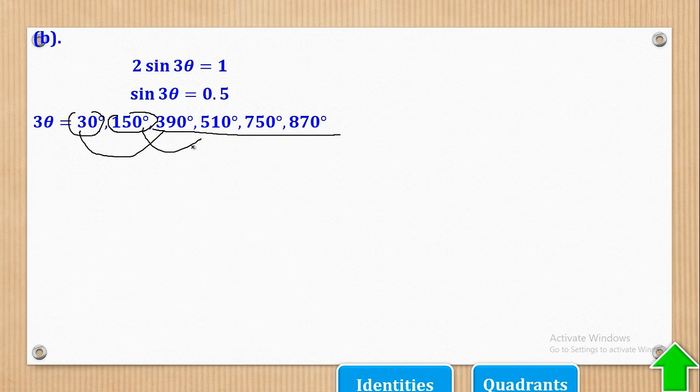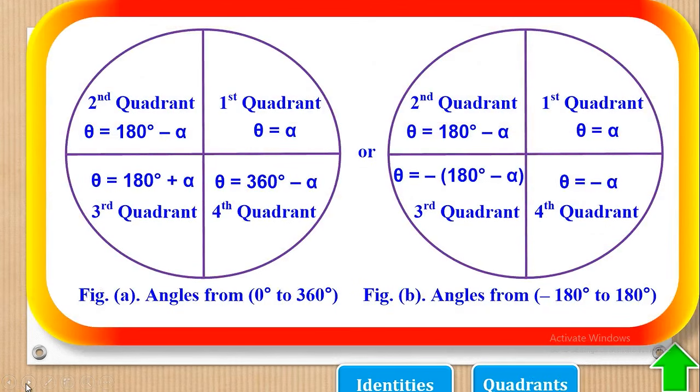Now why do we add 360 to each? This is the reason why. When you go back to your quadrants, we have this and this. So an angle cannot lie here. Because it cannot lie there, it implies the first angle will be from here up to here, and the second angle will be from here up to here. Now what if I want more than 2 angles?